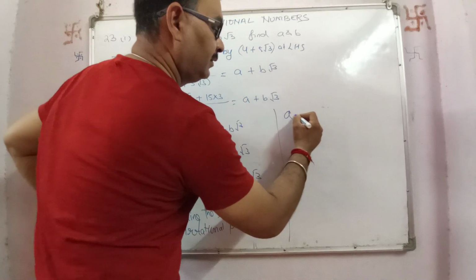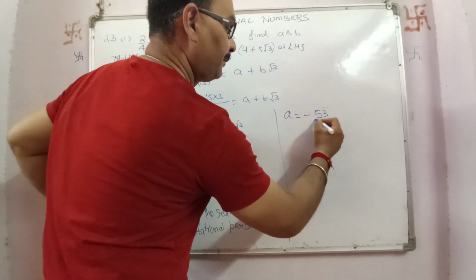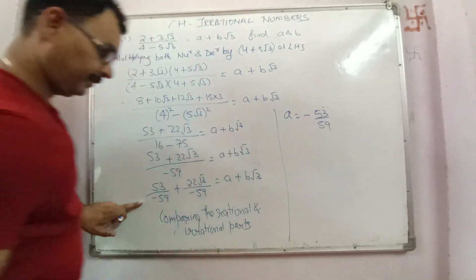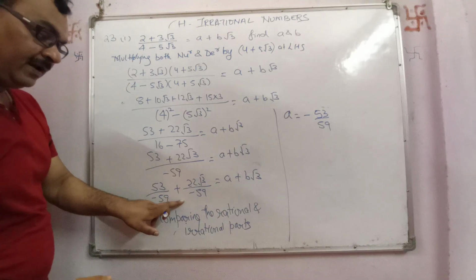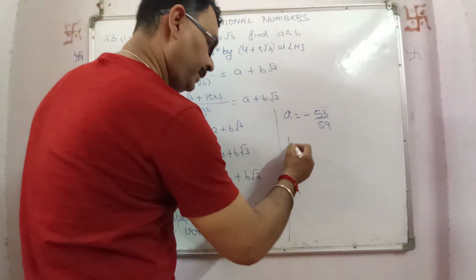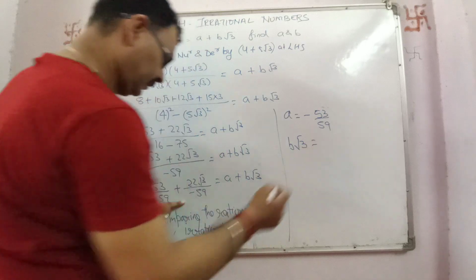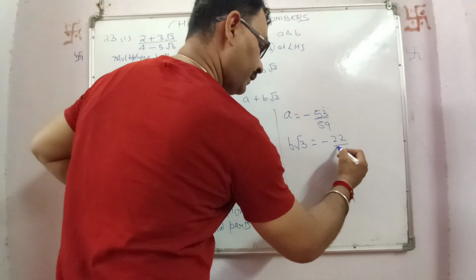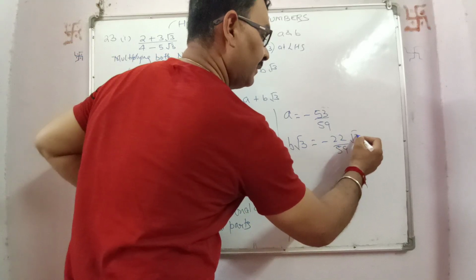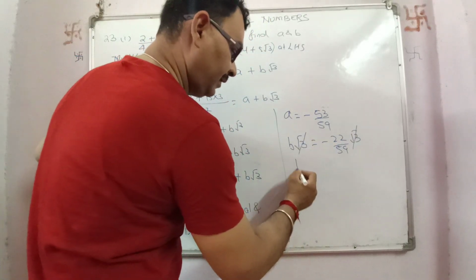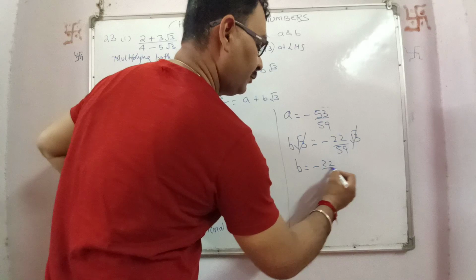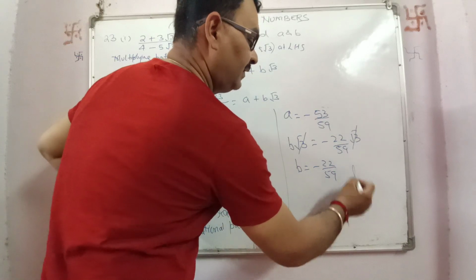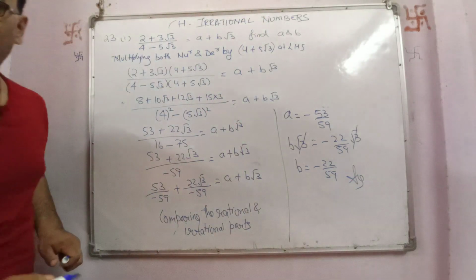So a is equal to minus 53 upon 59. Now the irrational part b root 3 is equal to minus 22 upon 59 root 3. Root 3 will be cancelled out, so b is equal to minus 22 by 59. These are the values of a and b.